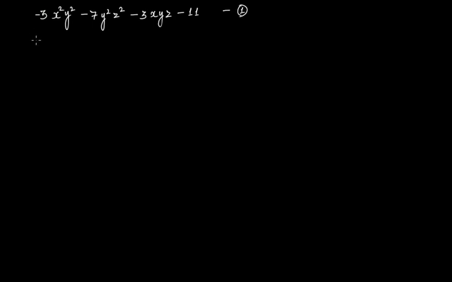And then you have minus 8z squared y squared minus 100y squared x squared, then plus 20. This is expression 2. Now you have to subtract expression 2 from expression 1.